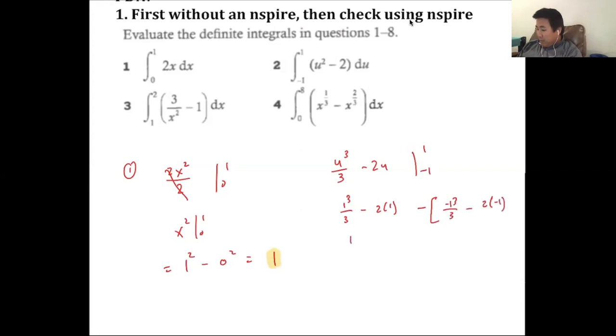So we have 1/3 minus 2, and that's -1/3 plus 1/3, so negative, positive, and then negative. So that is 2/3 minus 4, which equals 3 1/3, or 10/3.